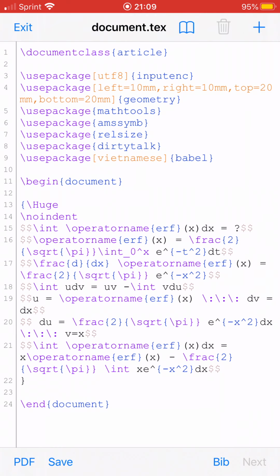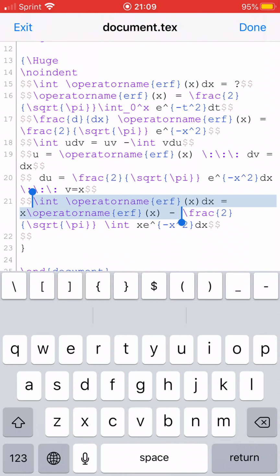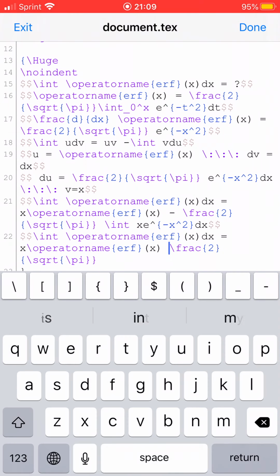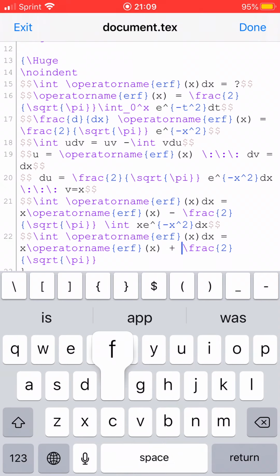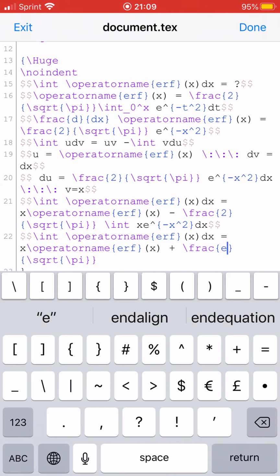And so then we have our final answer. I'm going to copy and paste the square root of pi part. So here we go. Plus, the antiderivative on the right hand side was plus 1 over square root of pi times e to the negative x squared.